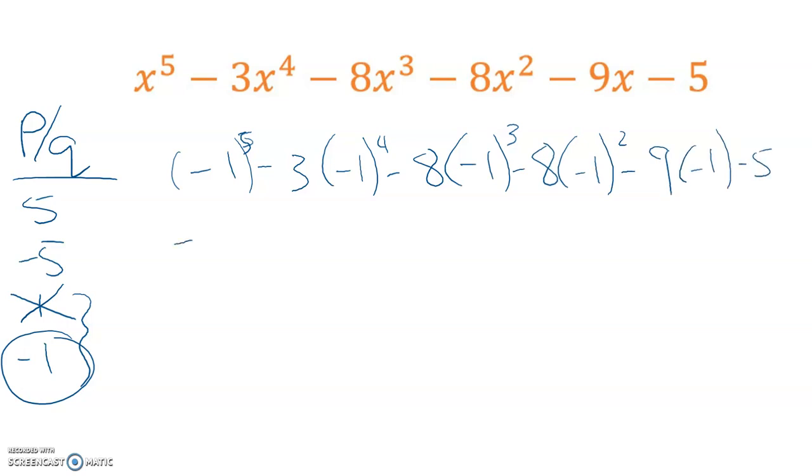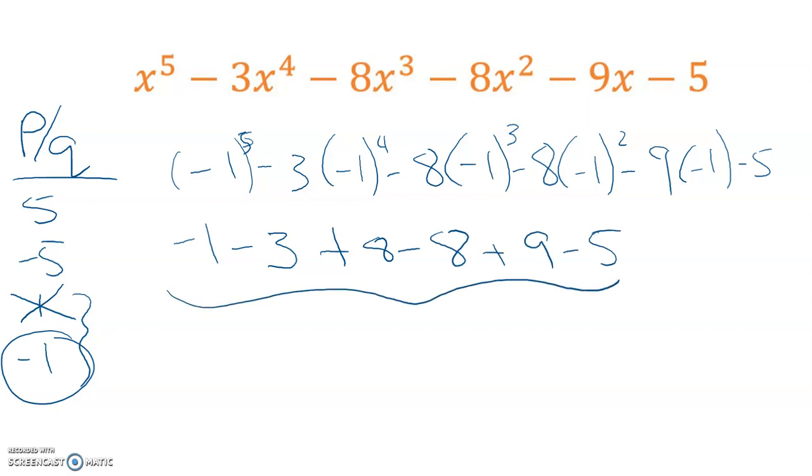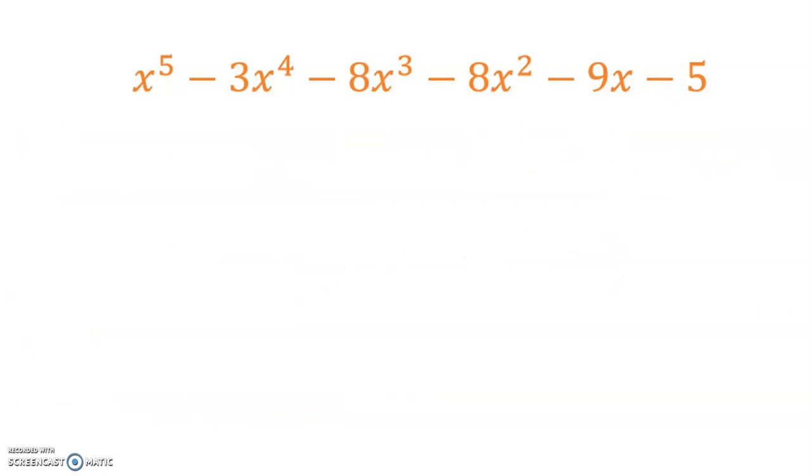So we're going to get -1 minus 3 plus 8 minus 8 plus 9 minus 5. And if we put all of that into the calculator, we end up with 0. Therefore, -1 is a root of our function. Since -1 is a root, we can say x plus 1 is a factor.